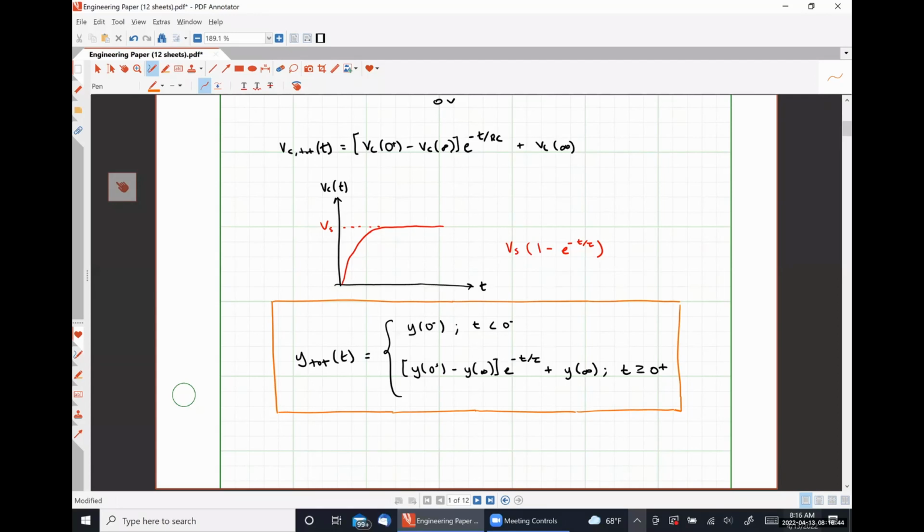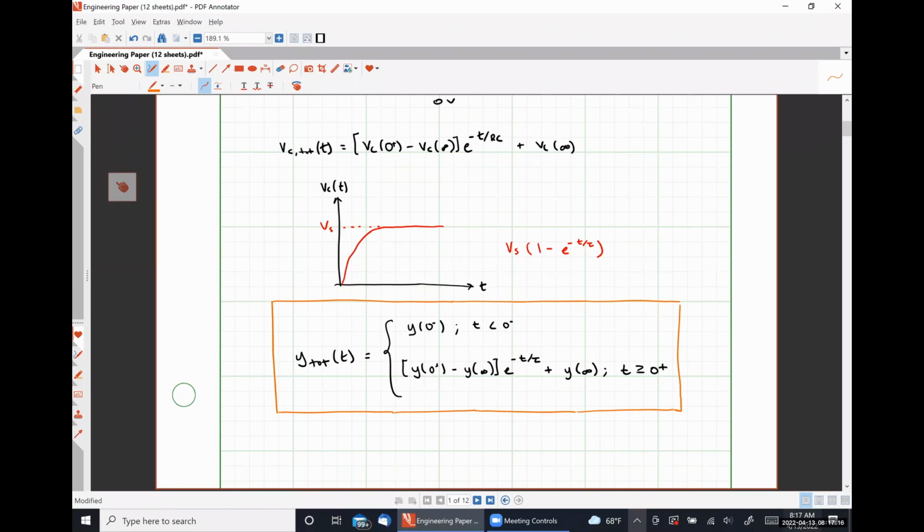But I want to talk about something else just briefly here, okay? A question that I get asked a lot regarding this lecture versus the previous lecture is, what's the difference? Which is a fair thing, because changing the direction that the switch operates seems like a very subtle thing. But the difference is, in a natural response problem, we are removing independent sources from being connected to the energy storage element.